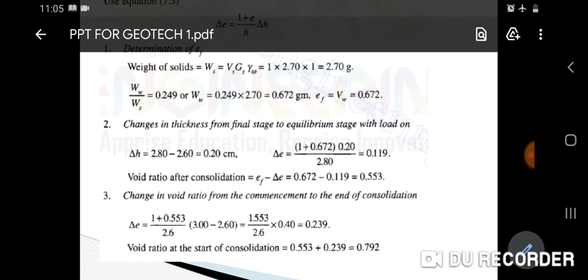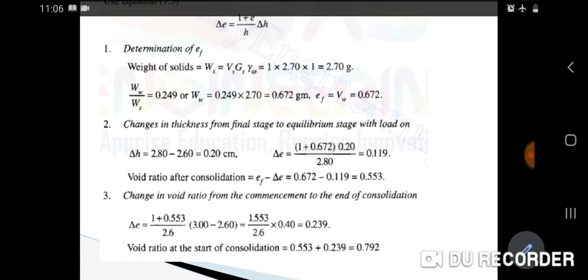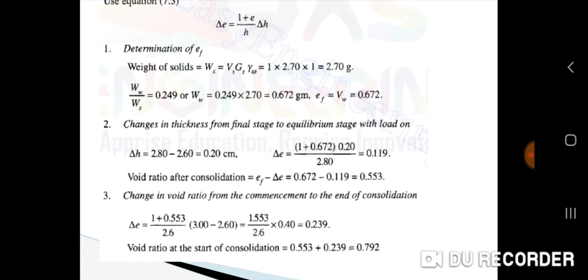Now you can calculate and you will get the value as 0.239. The void ratio at the start of consolidation will be 0.553 plus the 0.239 which we calculated previously. Adding them, we get the total void ratio as 0.792.